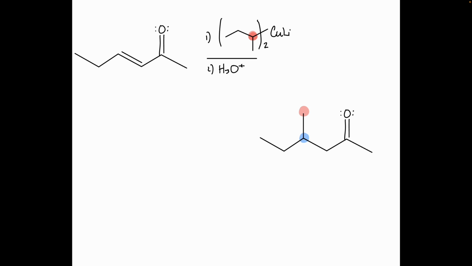All right, so then I just got to fill in those other three carbons from my Gilman. Had a methyl group on one side and an ethyl group on the other side. All right, so I keep that carbonyl group, but I do lose that carbon-carbon double bond, and I've created this new carbon-carbon bond here.